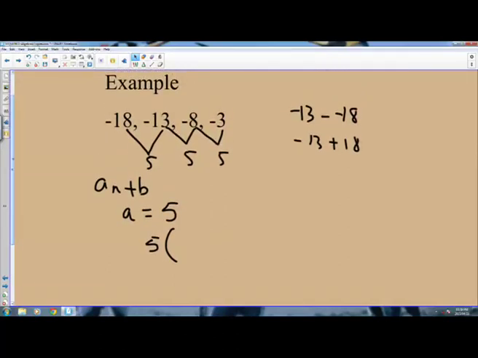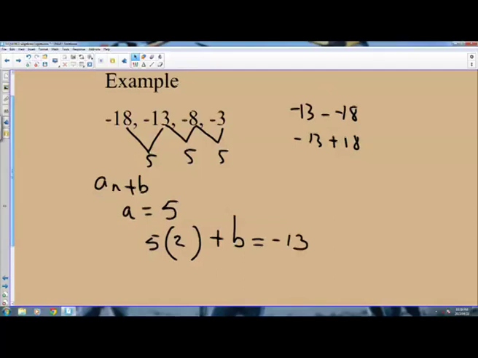Remember, the term at position number 1 is minus 18. The term at position number 2 is negative 13. So if we take the term at position number 2, we'll have 2 here plus b. Because we don't know the value of b yet, this will be 5 times 2 plus b equals the term at position number 2, which is minus 13.